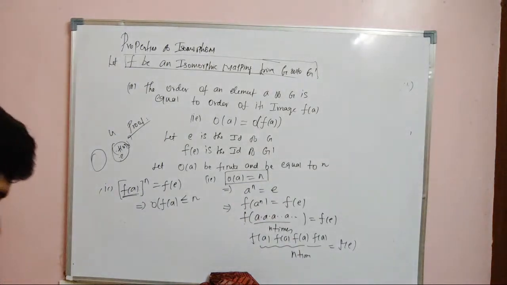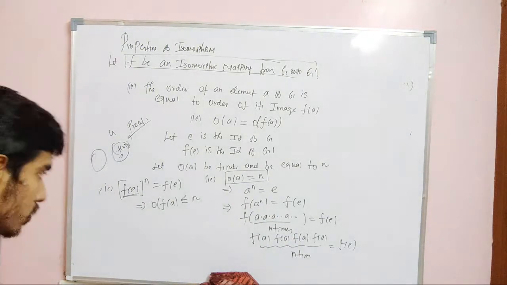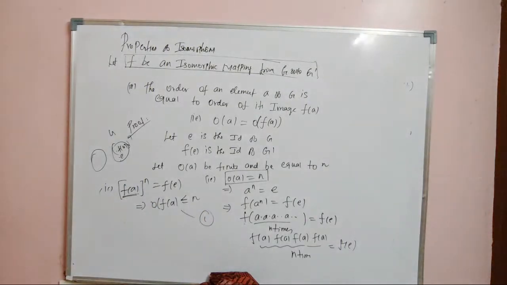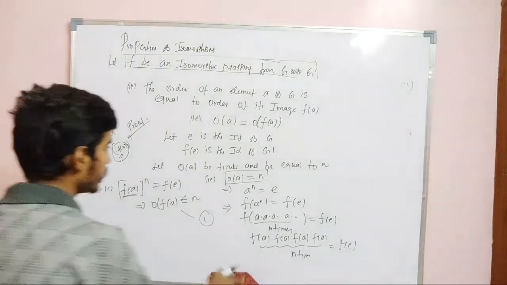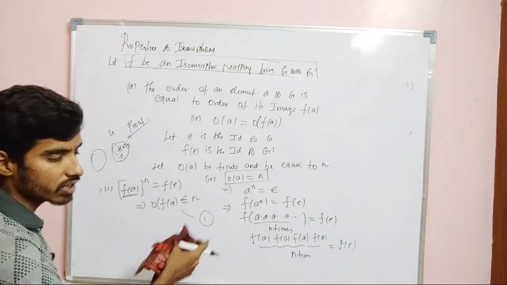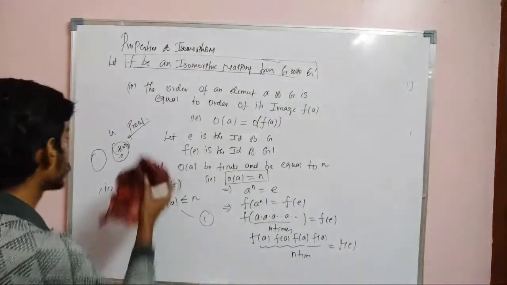That is what I have stressed in the previous videos. So let us mark this as equation number 1: order of f of a is always less than or equal to n. Now we will show that this is greater than or equal to n, and we will prove that both are equal.